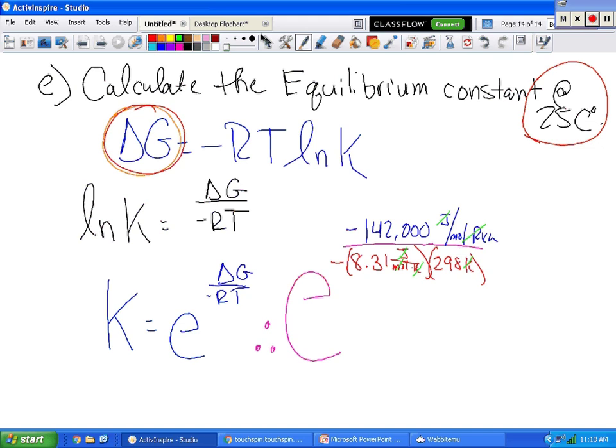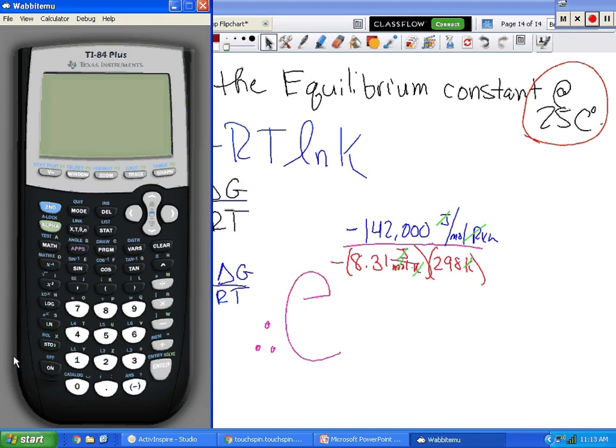Now, this is the hard part, why I wanted you to do it on your calculator. There's several different ways. If you've got the 89, you can plug all of it in at once. Here's what I would personally do. I would take negative 142,000 and divide it by, open parentheses, 8.31 times 298, close parentheses, and get a number.